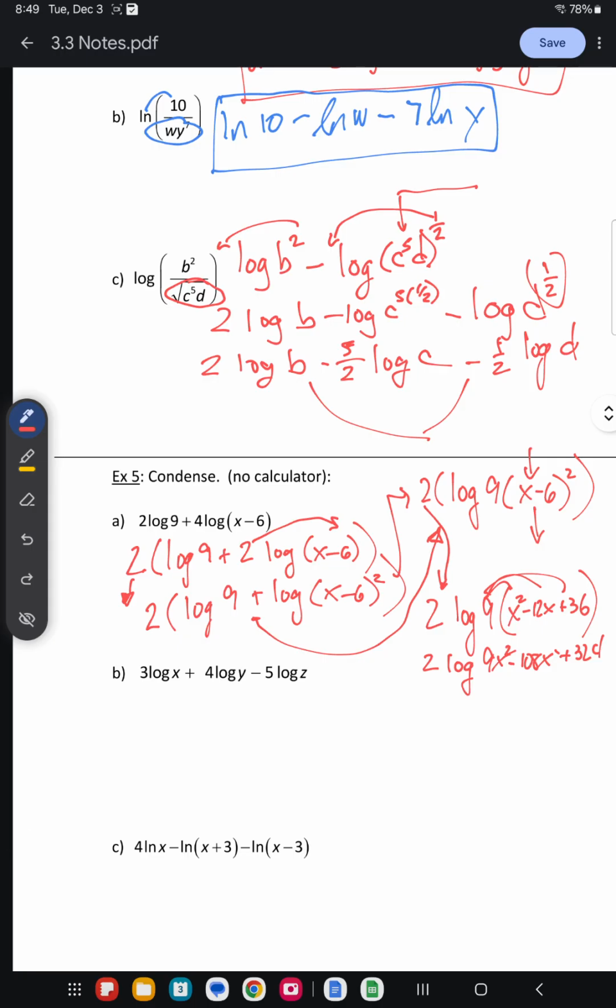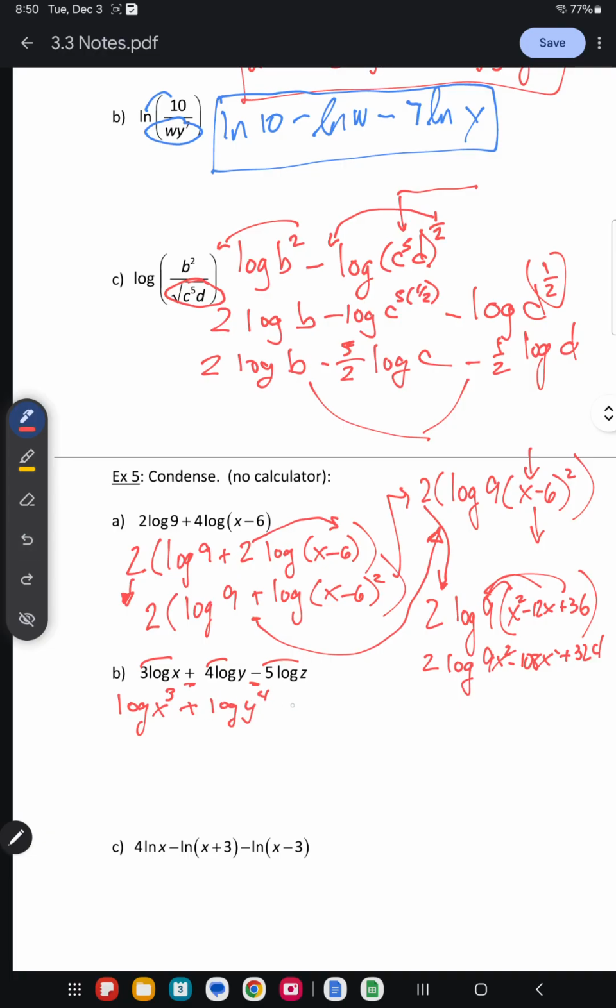Okay. All right. The next one here is we have an adding and then we have a subtracting. So we know that one of these things is going on top and then we have some stuff going on the bottom. So because we have a number on top on all of these, we know that we can move all of those things up. So we have a log of x cubed plus 4 times a log of, what's a day without me screwing up?